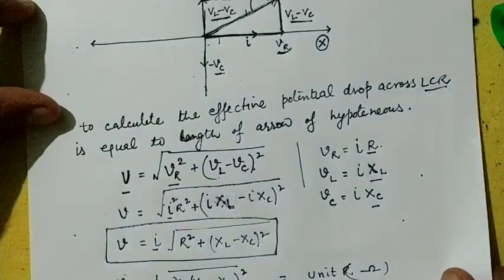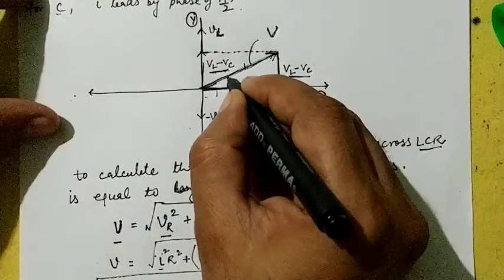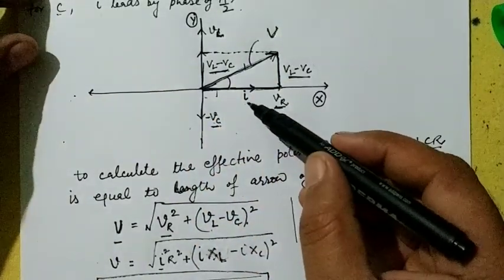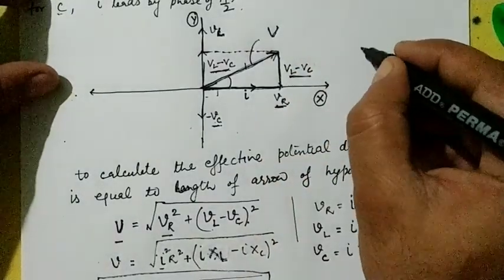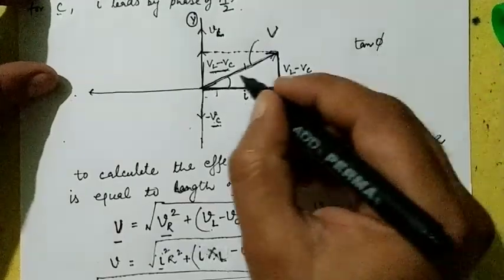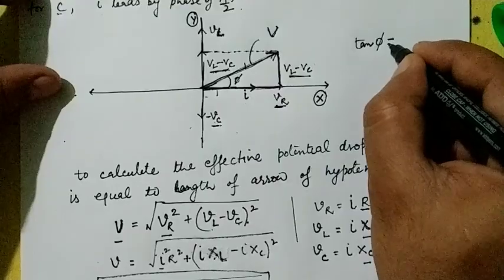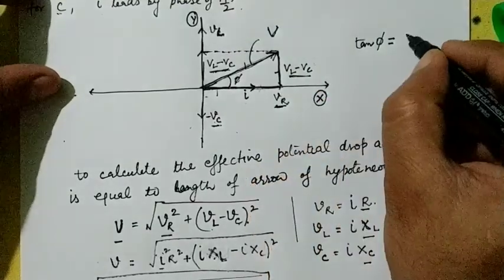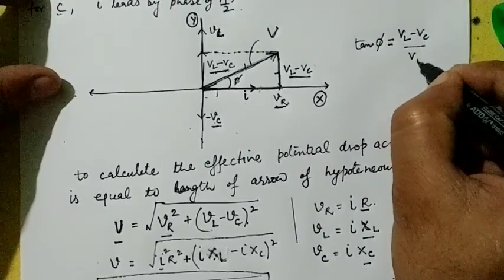Similarly, we can also find out the phase difference between the effective value of the current and voltage. So we know that the phase is given by tan of phi, where I take phi as the phase difference. So tan phi is equal to perpendicular upon base, so it is VL minus VC divided by VR.